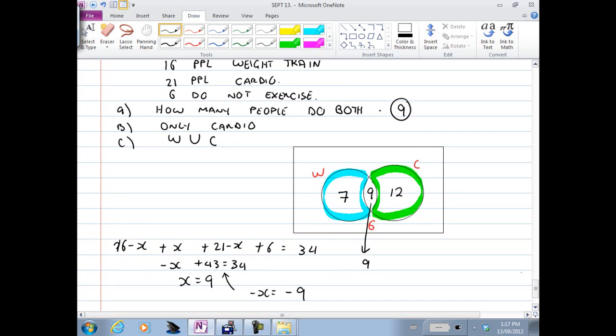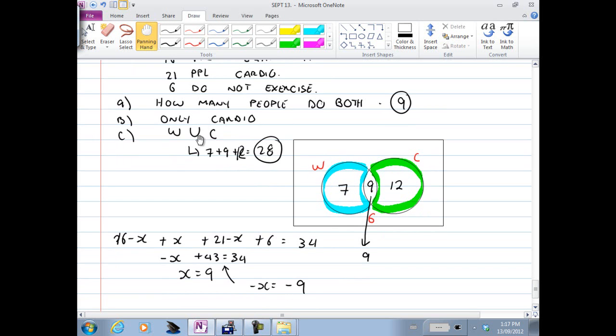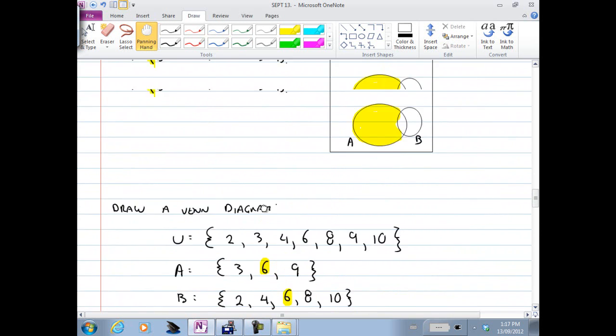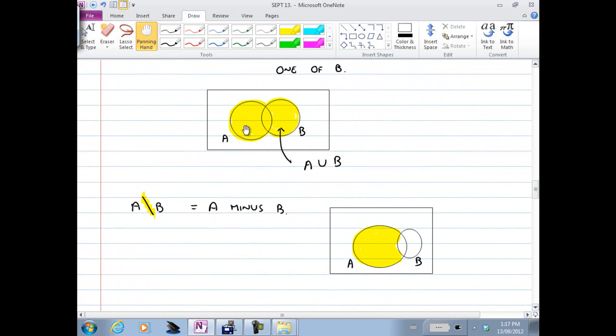Because W union C means everything in circle W, everything in circle C, plus the stuff in between. So for W, which is 7, plus 9, plus 12, that's 28. The union symbol, going back to my notes from before, means everything in both, in this yellow part.